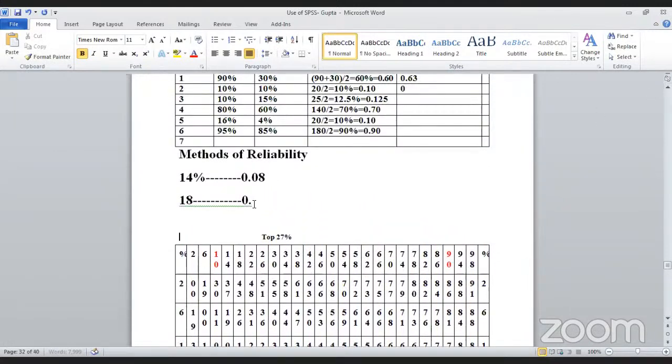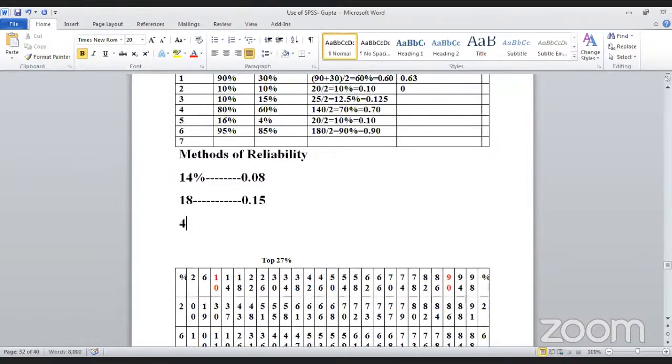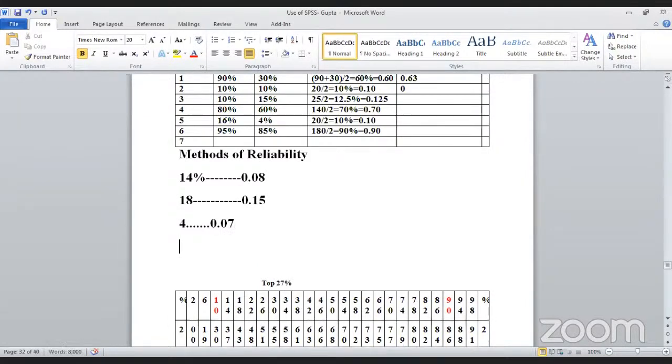Now, the difference between 14 and 18 is 4. When the difference is 4, the difference in value is 0.07. And when it is 1, the difference is 0.07 divided by 4.